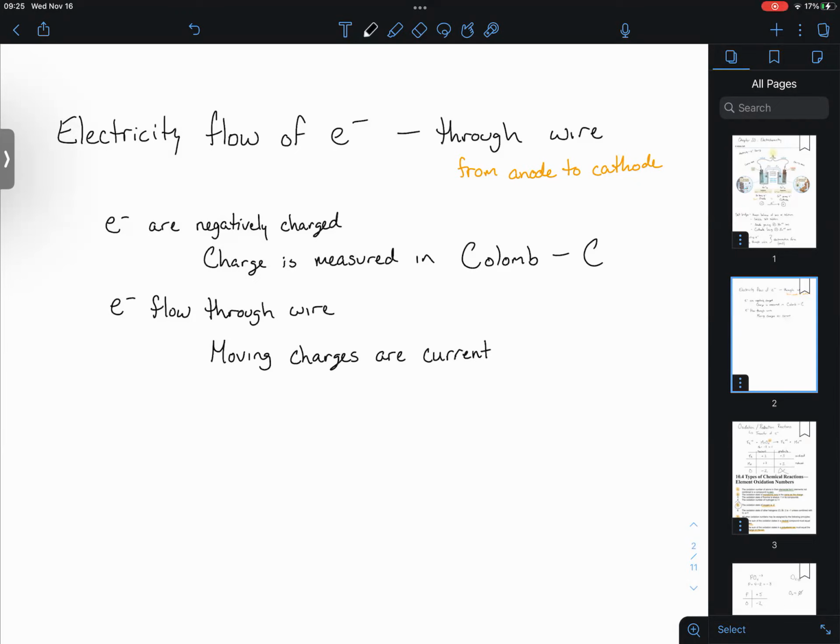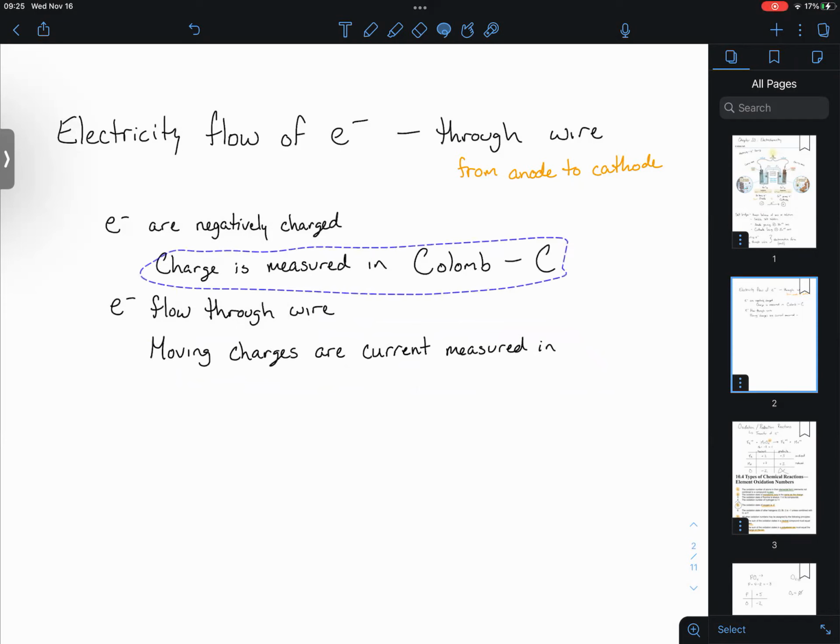And these are measured in amps, amperes, or otherwise abbreviated as amps. Okay, capital A, again, usually we don't say ampere, we say amp.